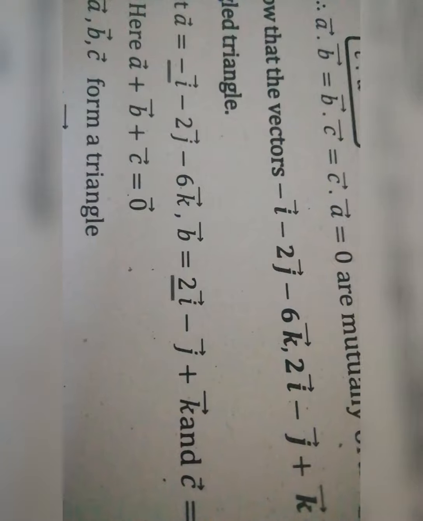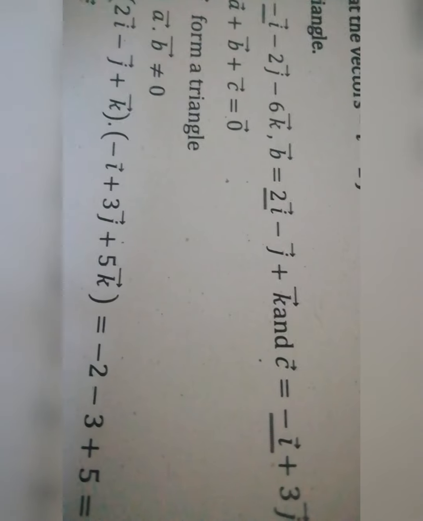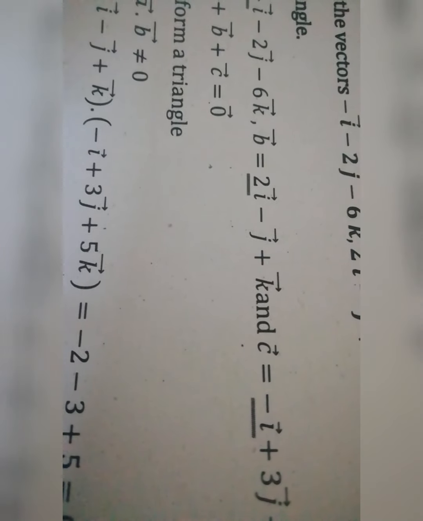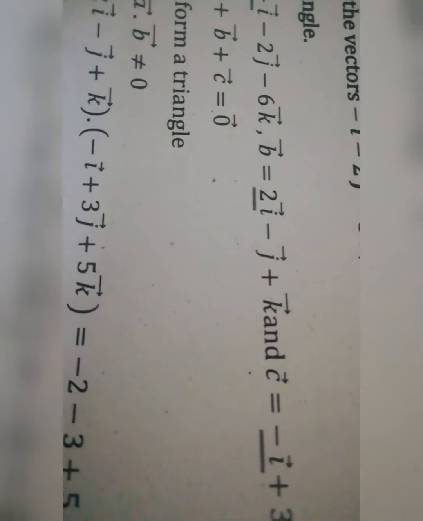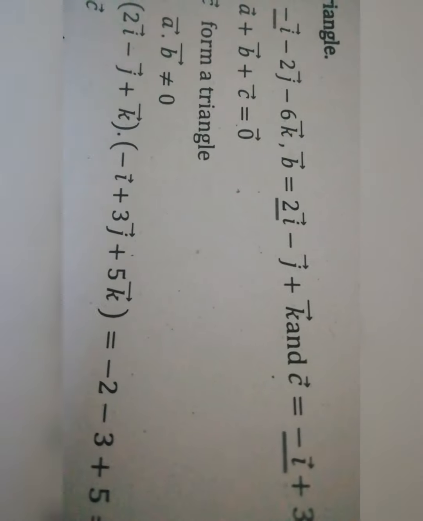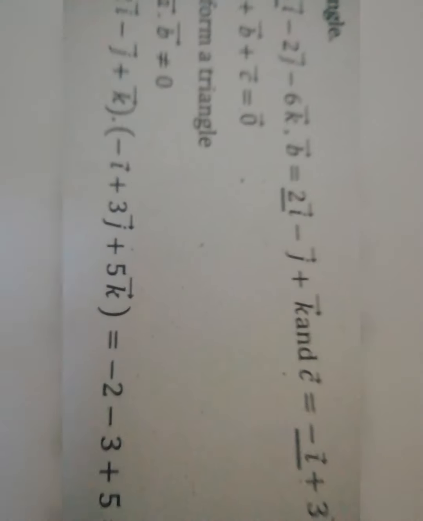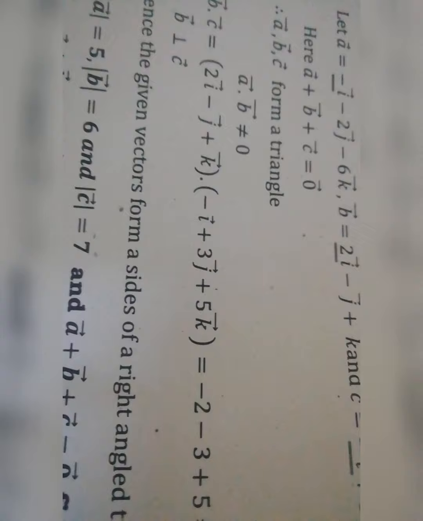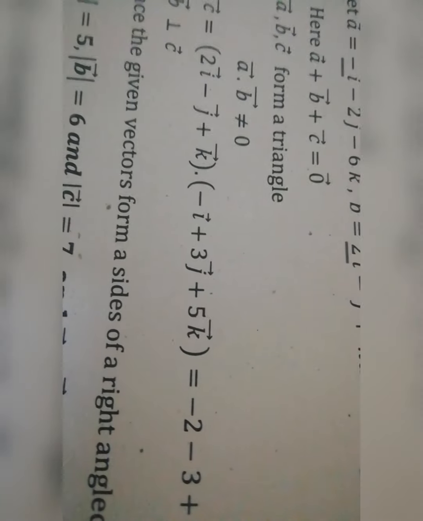So if you add, minus i plus 2i minus i equals 0, like that for the j term and k term. So if we add the 3 vectors we get the answer 0 vector. Therefore a vector, b vector, c vector form a triangle.